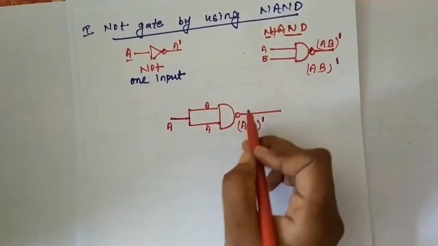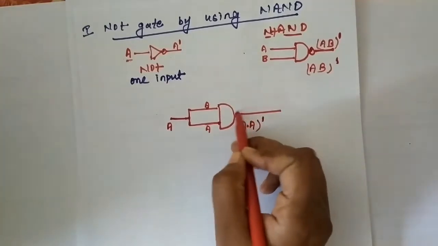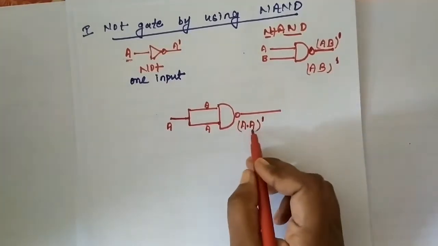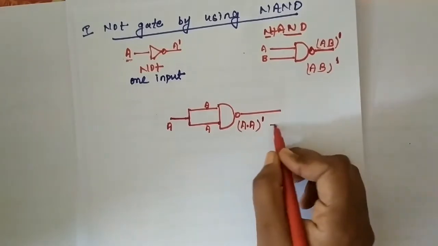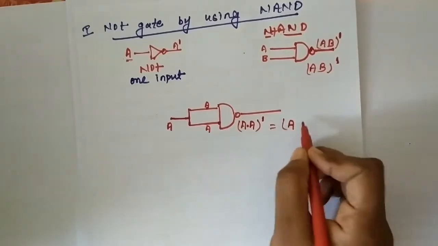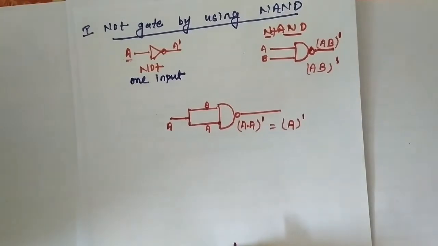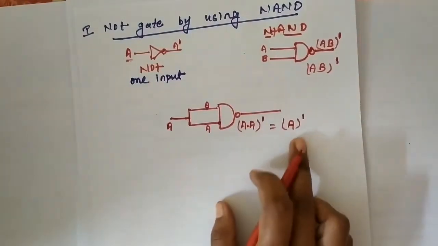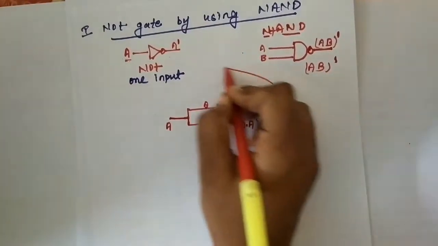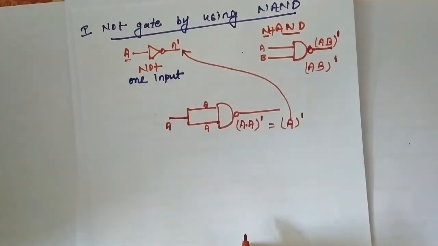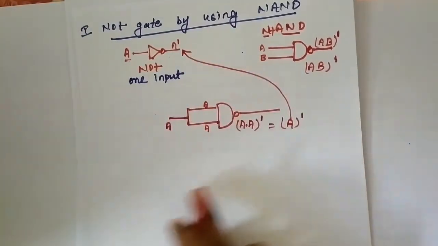Why the dash? Dash is for NOT. So A into A is A. So you can simply see that this is the symbol of NOT gate.